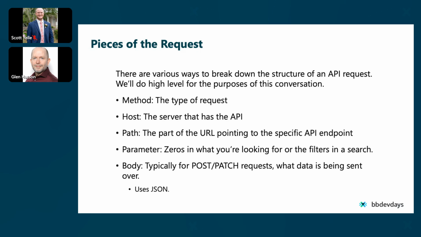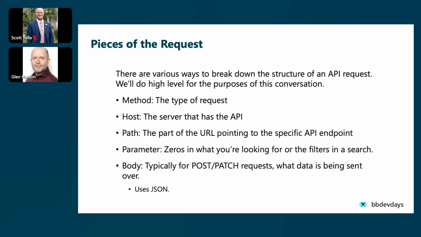When I'm asking the API for something, there's a method, the type of request; the host, the server that has that API; the path, the part of the address that's asking for a specific endpoint; the parameters, which are looking for or filtering in a search; and the body, which is basically when you're sending data over, not asking for data.